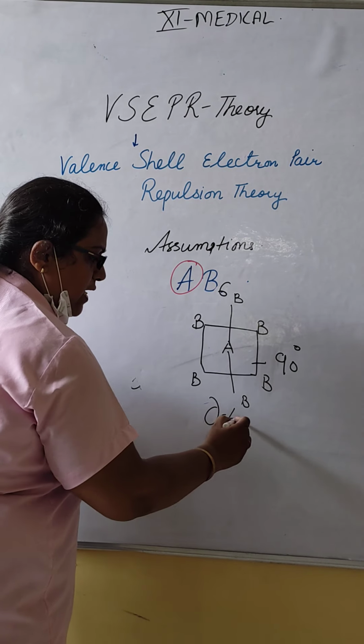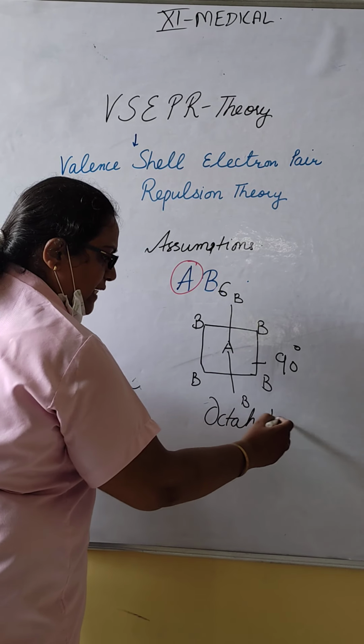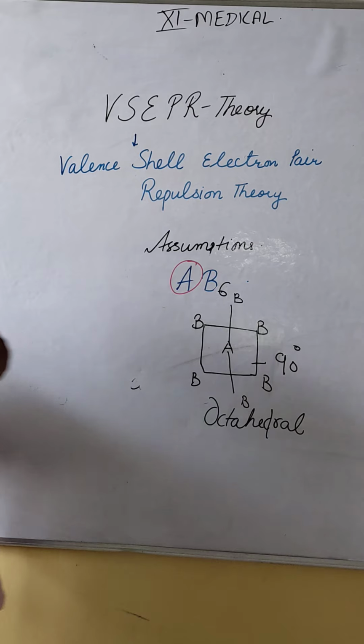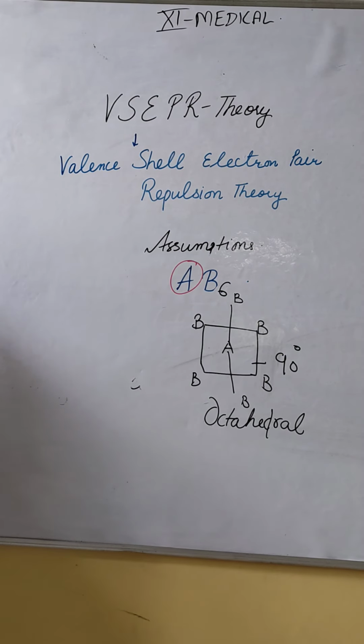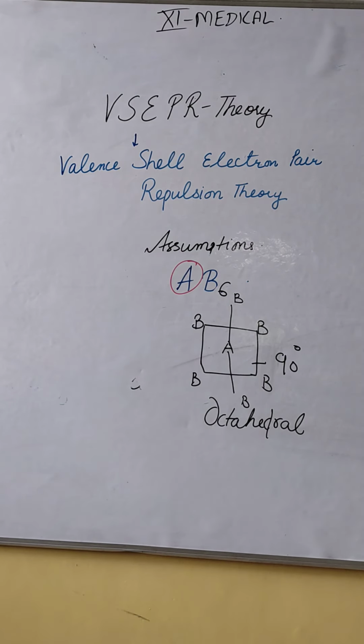The name of the geometry is octahedron. AB6 type. The name of the geometry is octahedron. This is also symmetric. All positions are the same.